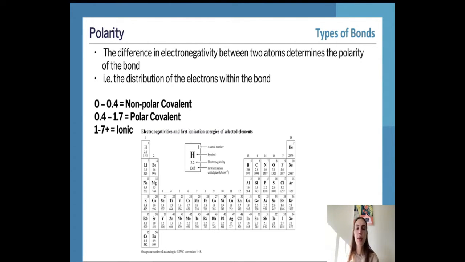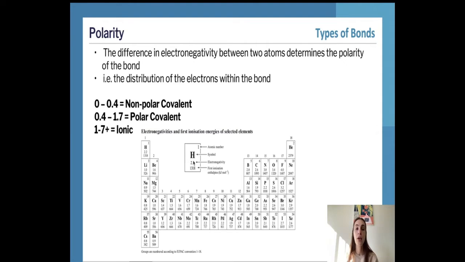It's really important that we look in the data booklet at the electronegativities and first ionization energies of selected elements page. This basically gives us a periodic table which shows us the electronegativity, which is the number just below the symbol.